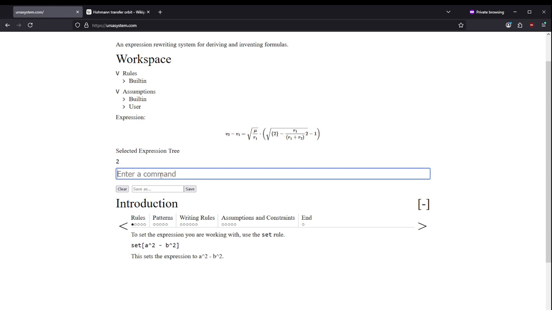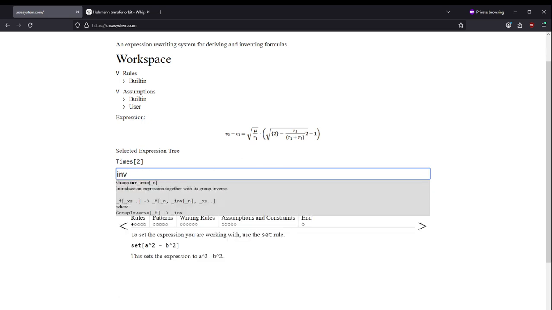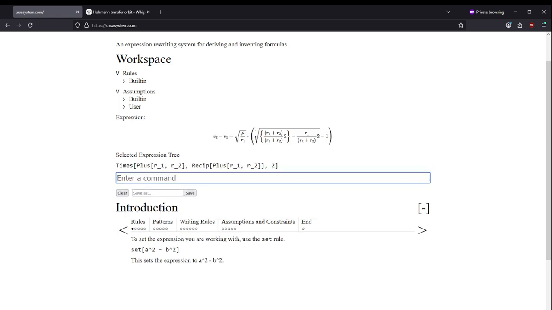This is just the number 2, but there is a command called times_intro that just wraps something in a unary multiplication. So this just changes 2 to times 2, with times with one argument. And then we can use inv_intro to introduce r1 plus r2 over r1 plus r2.